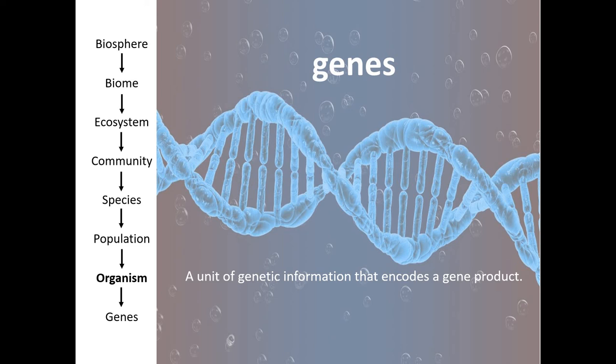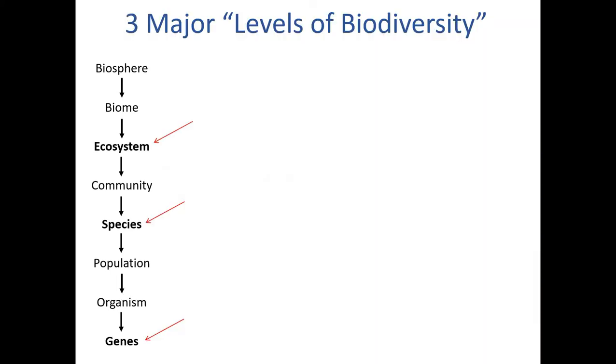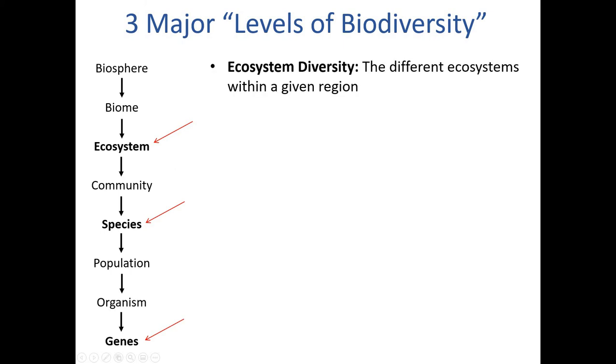Of these different levels within this hierarchy of biodiversity, there are basically what we consider to be 3 major levels of biodiversity. You might have noticed this mentioned in the video, but the 3 major levels are the ecosystem level, species level, and genetic level. Ecosystem diversity talks about the different ecosystems within a given region.